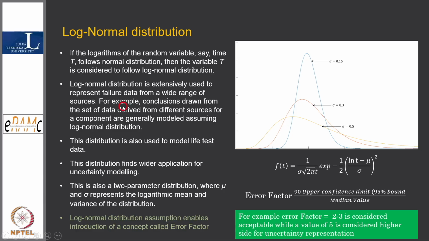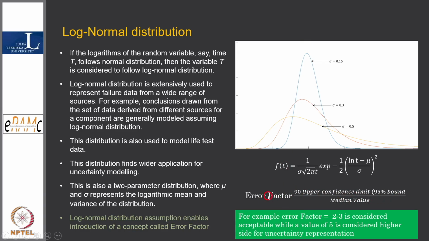It is used more in probabilistic risk assessment because, as I said, the error factor is the ratio of the 95% confidence level to the median value, and the log normal distribution does not give you the mean, it gives you the median value. That gives the error factor, as I have written: the 95% bound divided by the median is called the error factor.